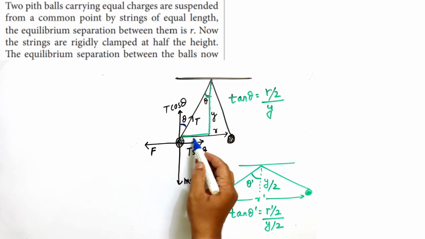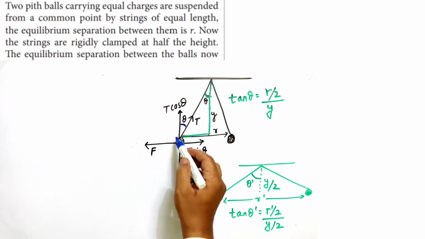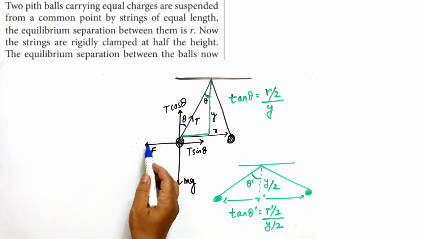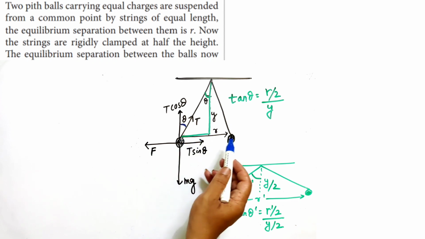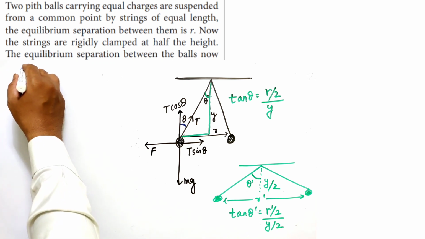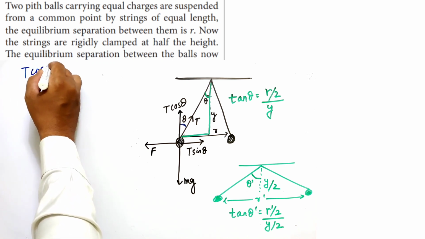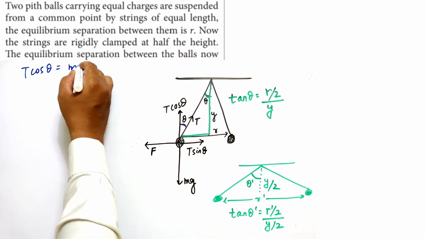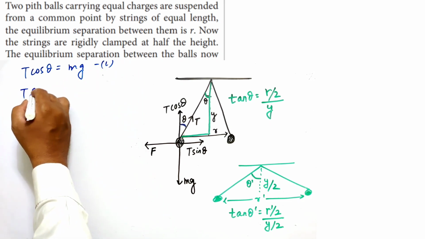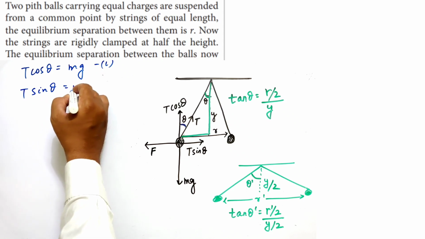Then this is going to be T sin theta, and this is going to be T cos theta, and along this direction it is going to experience a repulsive force due to the other pith ball. So from the given diagram we can write down that T cos theta equals mg, and in the second equation you can write T sin theta equals F.